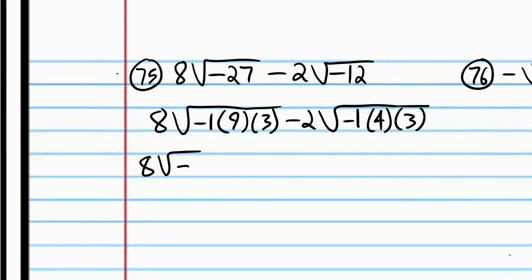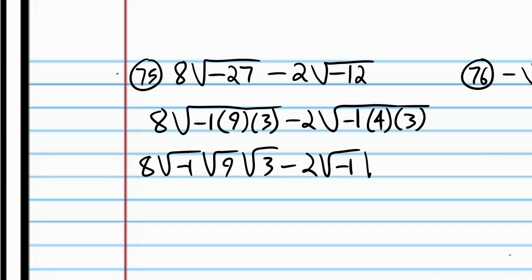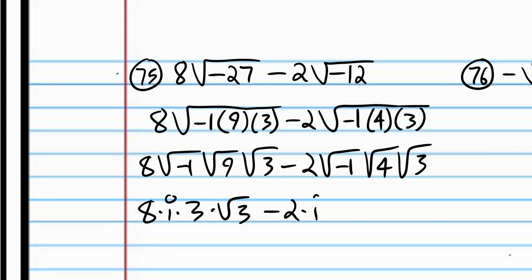So we get 8 root negative 1 times root 9 times root 3 times root negative 1 times root 4 times root 3. And we get i, and so on and so forth. Very important to understand that root negative 1 became an i.